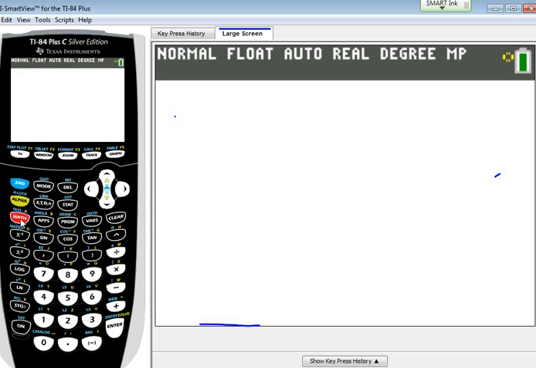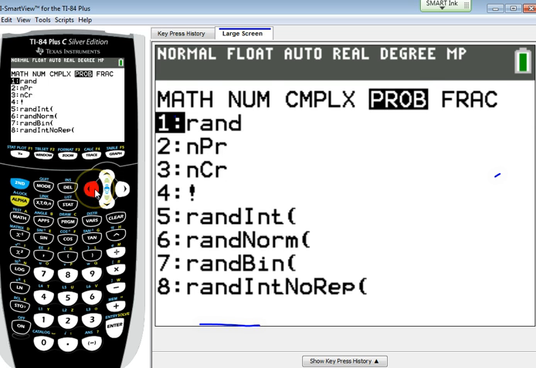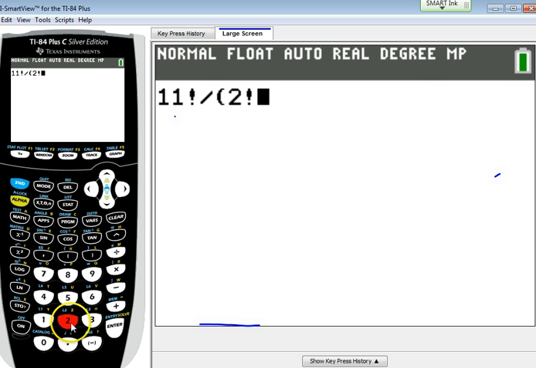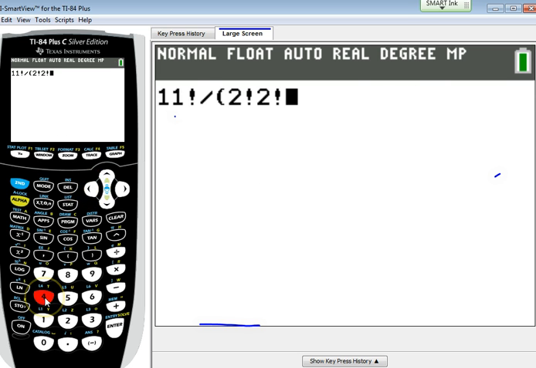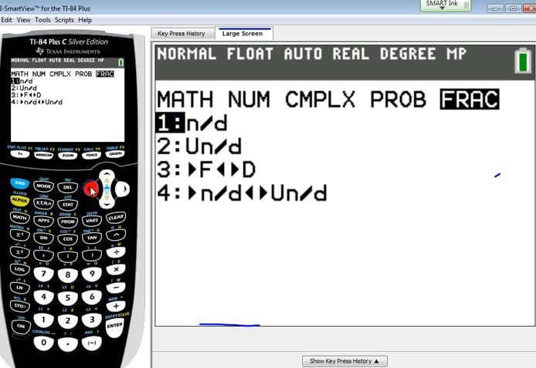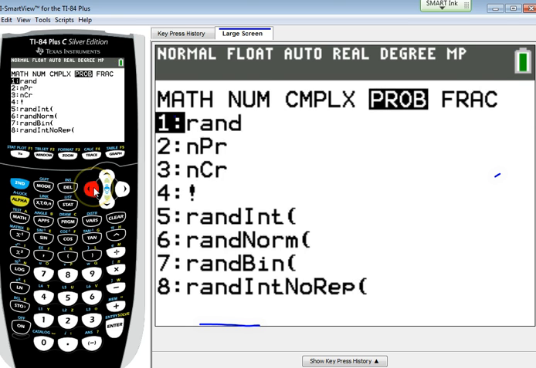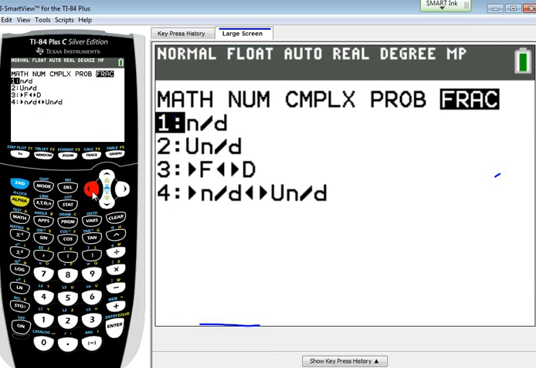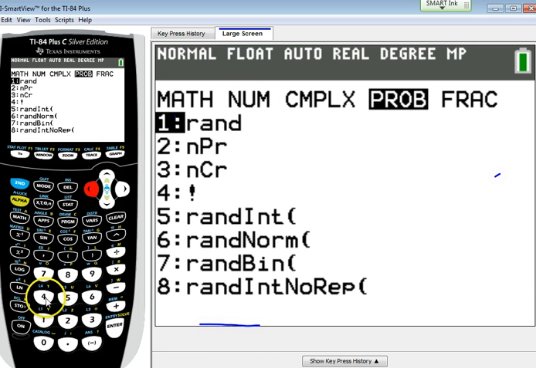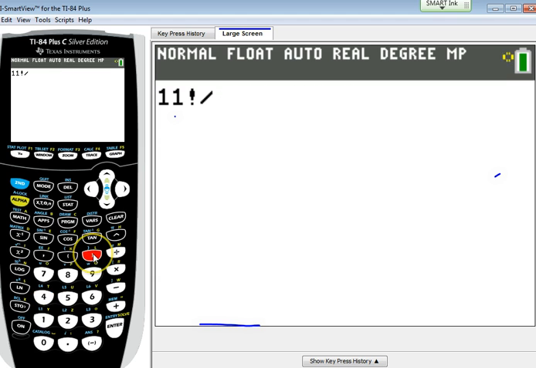Then you do 2 factorial and so on. Just make sure you have that one gigantic set. If you forget the parentheses, it could mess up the whole answer. Everybody able to find the correct button?